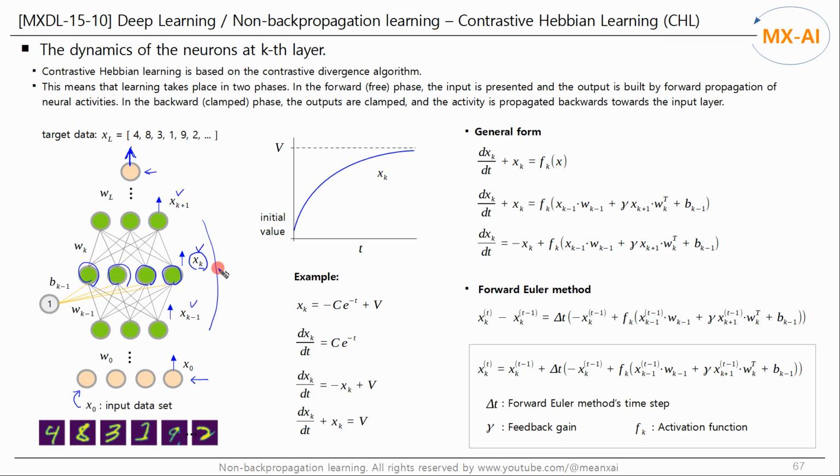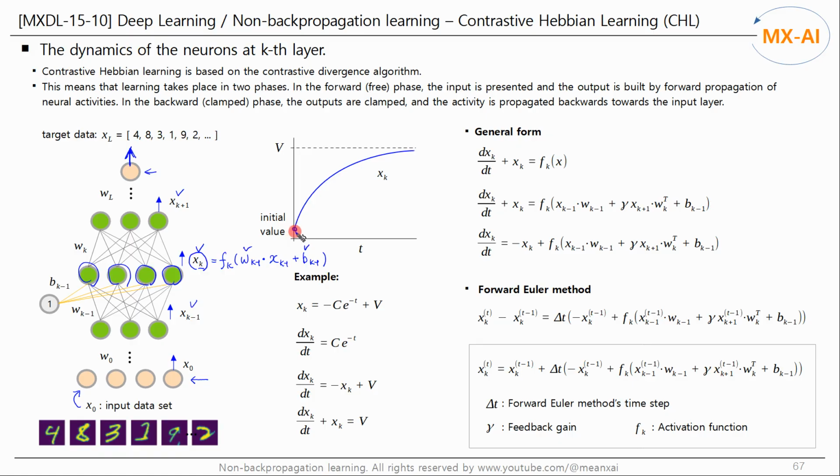In a typical feed-forward network, xk is computed in this way. And as W and B are updated by backpropagation, xk gradually converges to an appropriate value. But since we won't be using backpropagation, we need to determine xk in some other way.